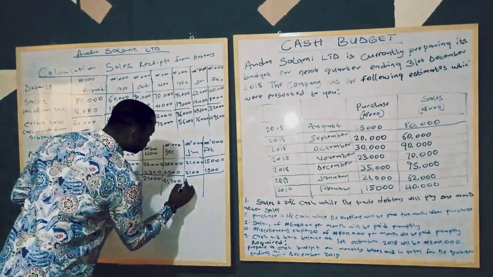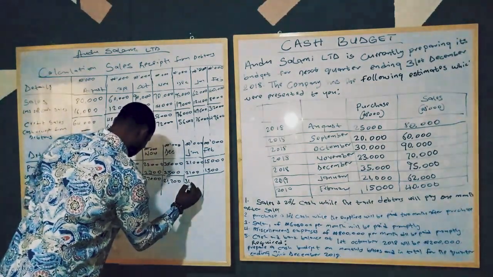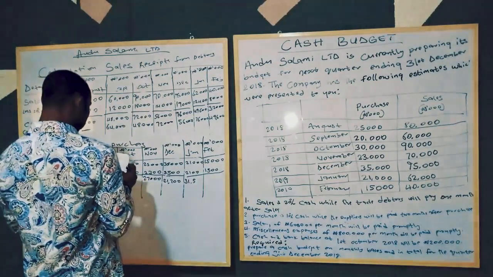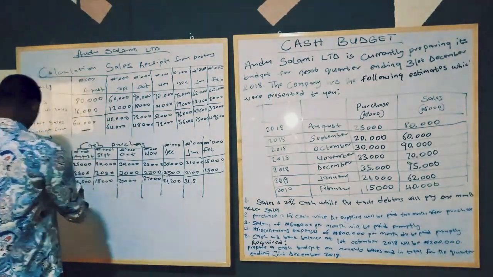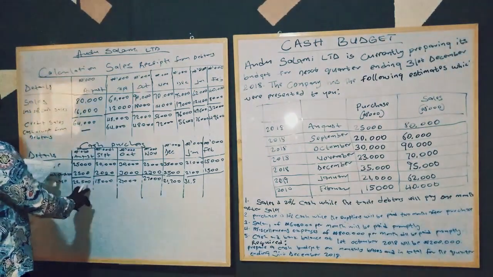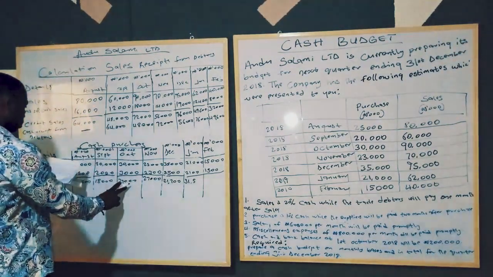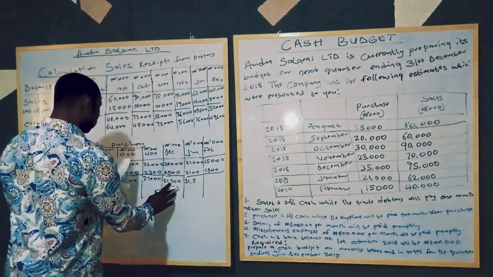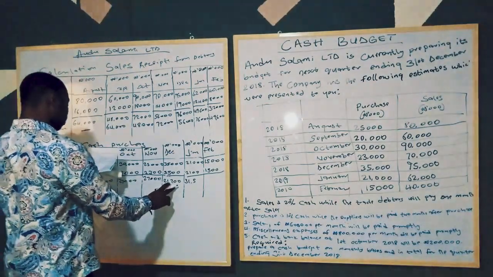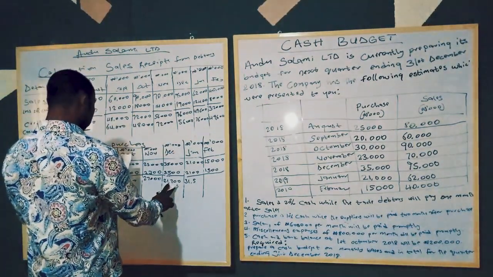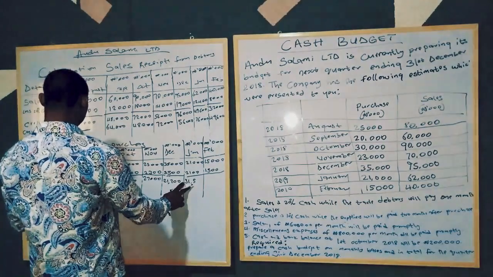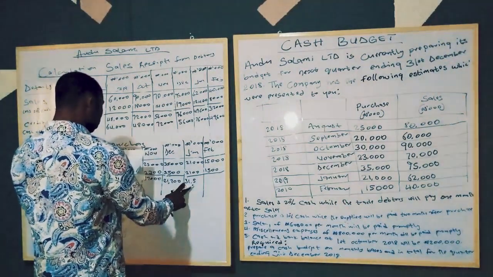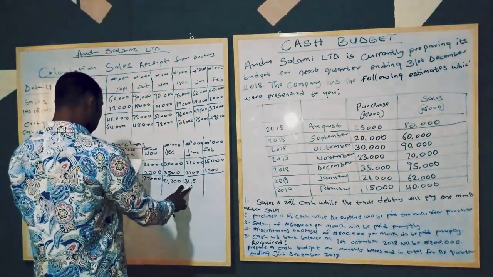22,500, 18,000, 27,000, 21,700, then we have 31,500.